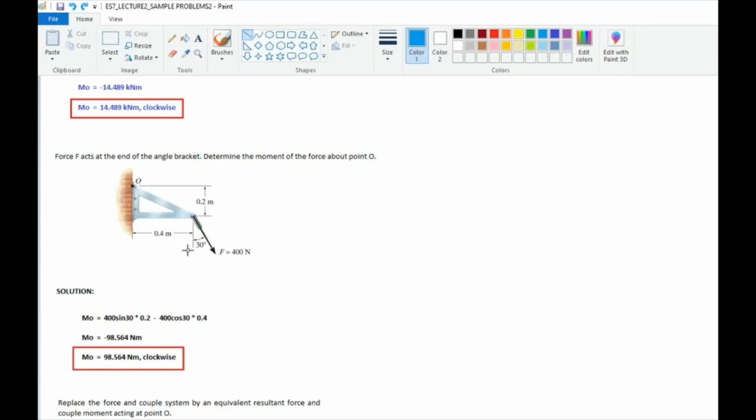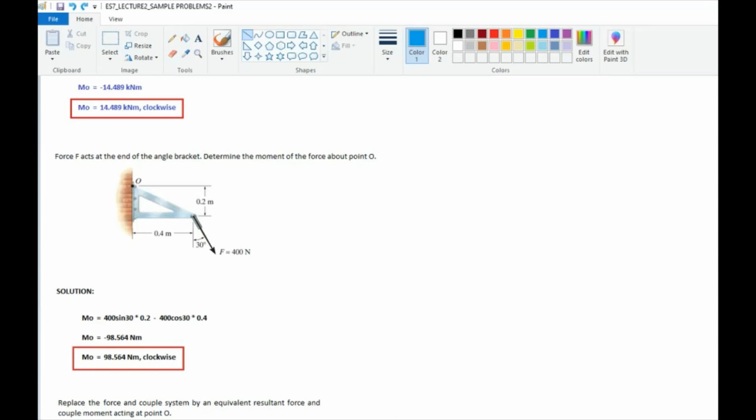Cosine because that is the adjacent side. Negative because the rotation is clockwise. And the distance from O is this, 0.4 meters. Solving, you will get negative 98.564 Newton meters. To express our final answer, it would be 98.564 Newton meters clockwise.